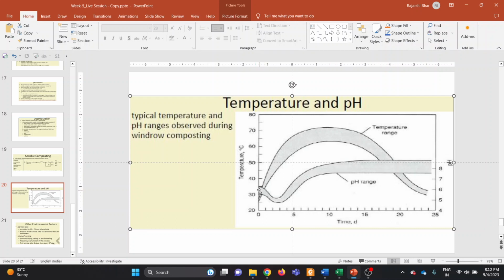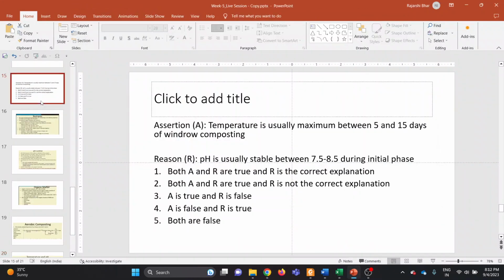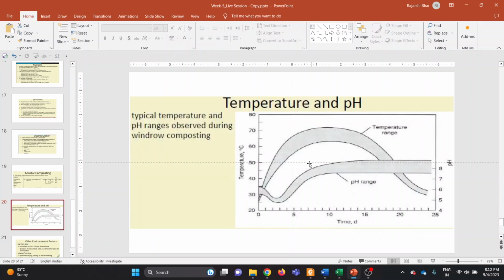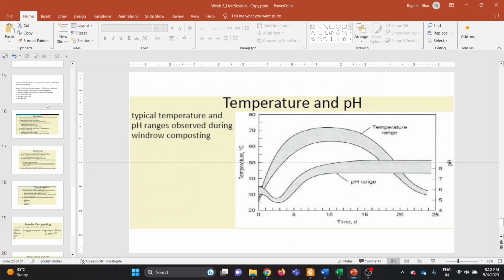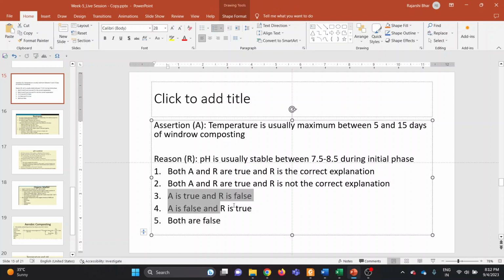The initial phase is here at 0, and you see the pH first falls and then increases and becomes stable. Since the option clearly states 7.5 to 8.5 during the initial phase, you can understand from the figure that it is not like that in the initial phase, rather the 7.5 to 8.5 stability is arrived at in the end phase. So the reasoning is false. That is why I think option C, that is 3, is the correct answer. A is true and R is false.